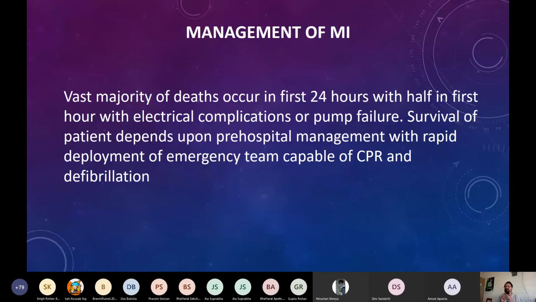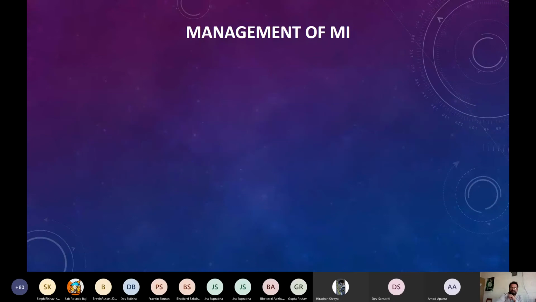Wherever the ambulance is going to get the patient, or the patient is coming to the ER, there should be a team. It may not be a team of doctors, but there should be a team of professionals capable of performing good CPR and giving defibrillation, DC shock if necessary. This is the primary thing.